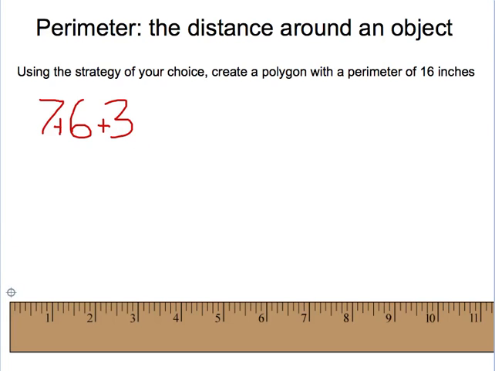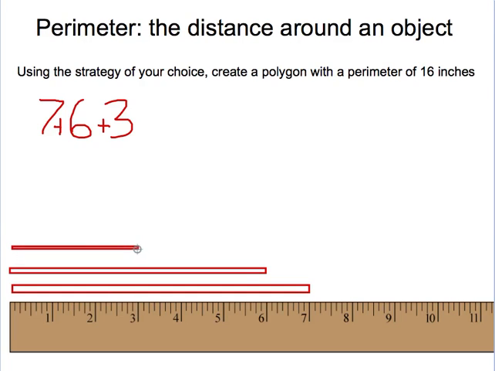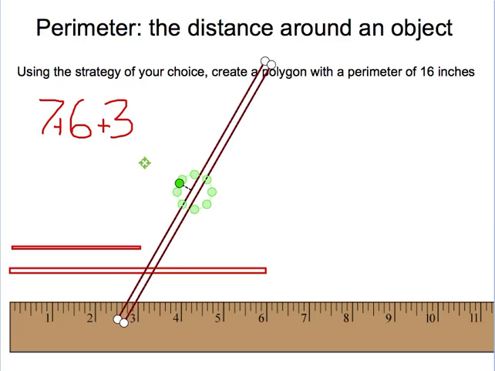Then when I'm drawing them, I would make one that was 7 inches long, one that is 6 inches long, and one that is 3 inches long. Then from there I could rotate them around until they finally pieced together and made a nice triangle shape.